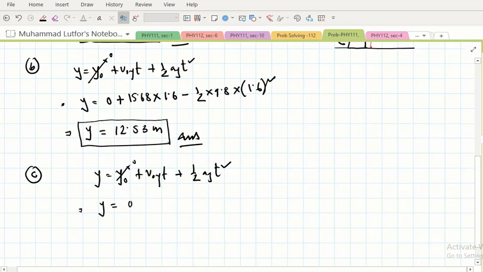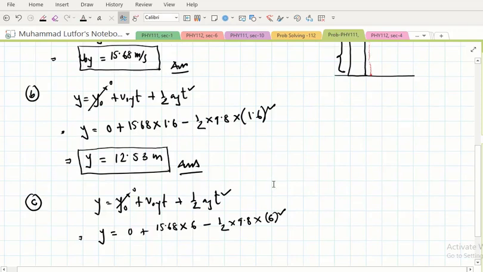Y is 0 plus, now this time it takes 6 seconds, so 15.68 into 6 minus half of 9.8 into 6 square, right?